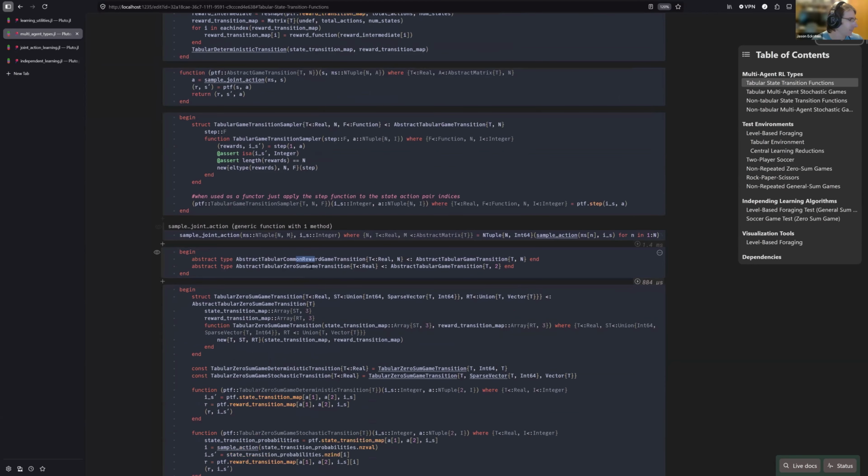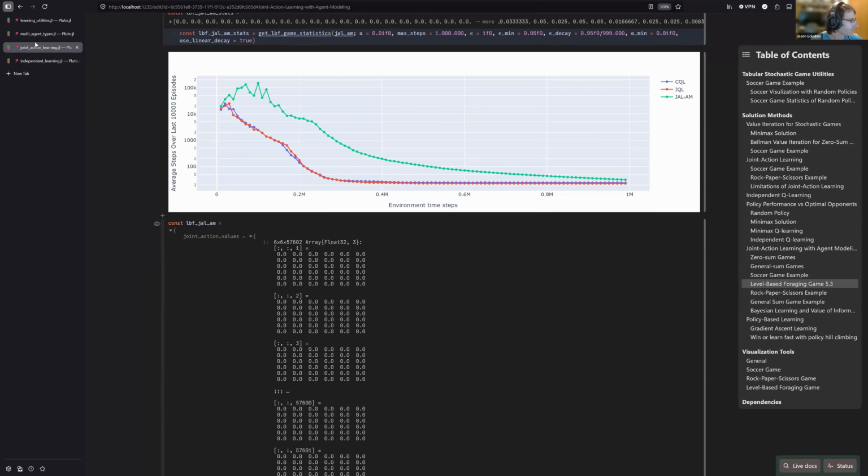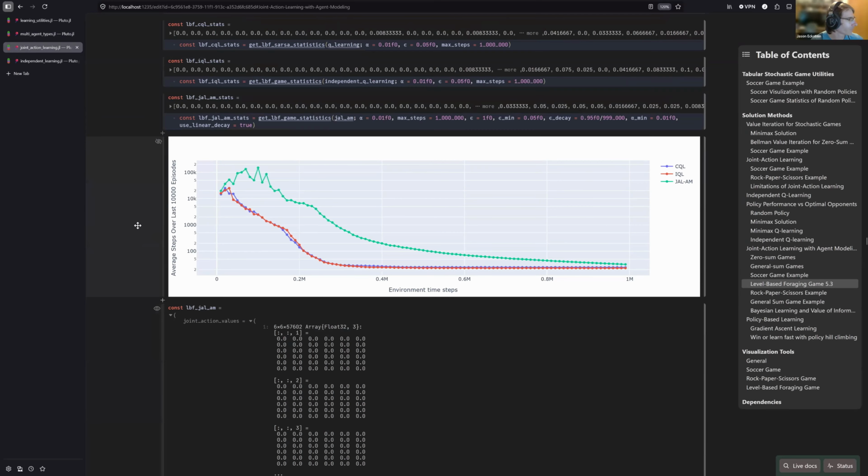For zero-sum games, at least ones with two players, we can just say what the reward is for player one, and the reward for player two will always be the negative value of that. And for common reward games, all the agents share a reward, so we also just need a single value for that.